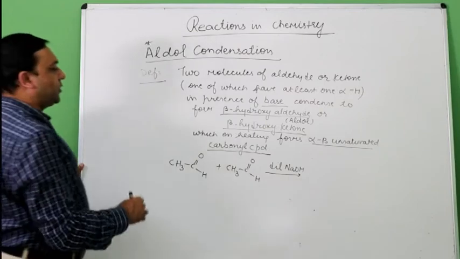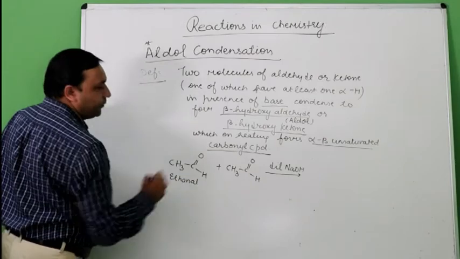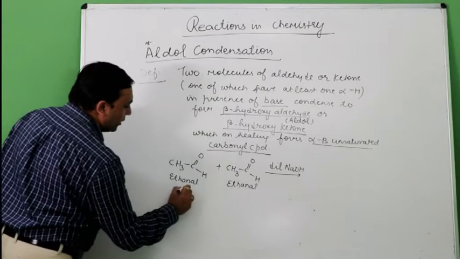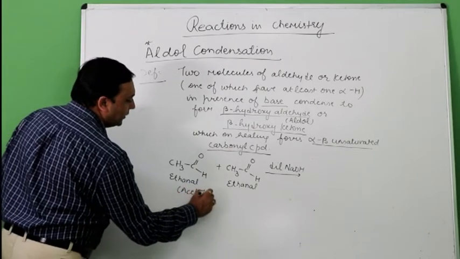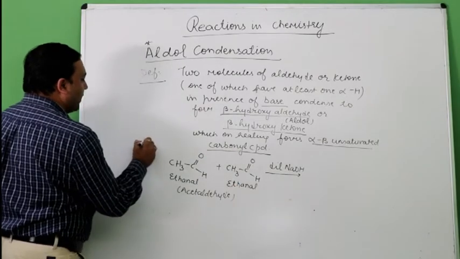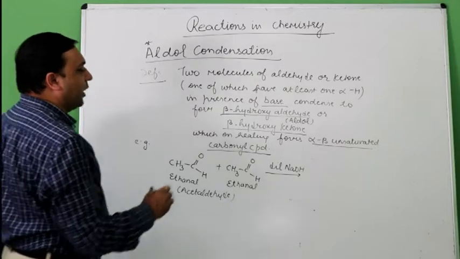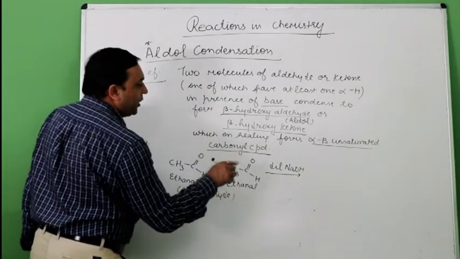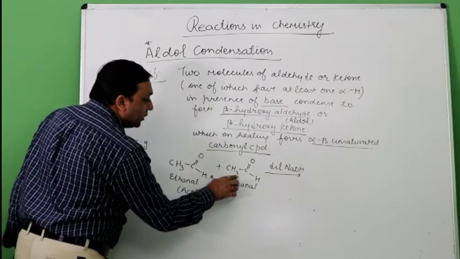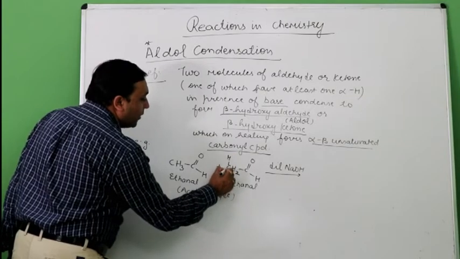The IUPAC name is ethanal, and its common name is acetaldehyde. This is my first example: two molecules of acetaldehyde in presence of dilute NaOH condense to form beta hydroxy aldehyde, but at least one of them should have an alpha H.